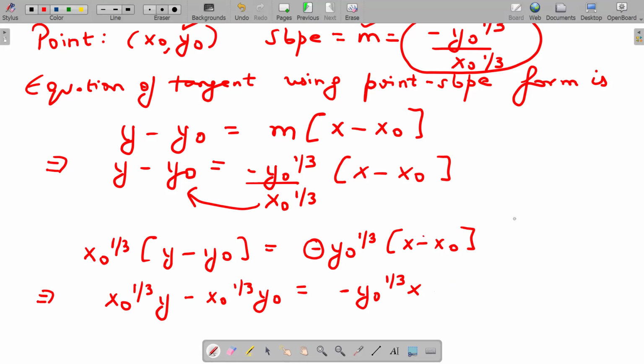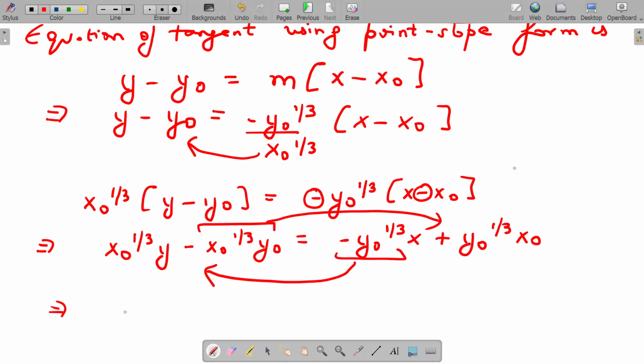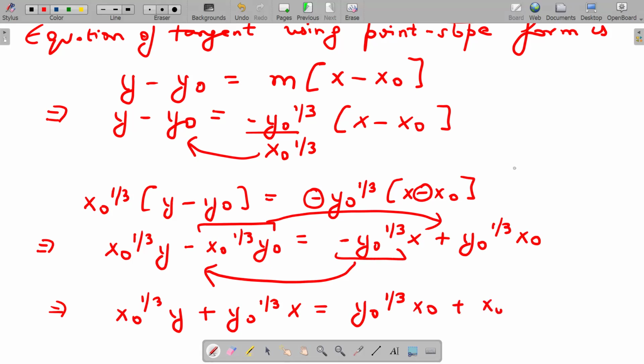And this minus will make it plus y0 to the power 1/3 x0. If I rearrange the terms, this is a negative term, I can take it here to make it positive. This is a negative term, I can take it here to make it positive. So if I rearrange, I get x0 to the 1/3 y plus y0 to the 1/3 x is equal to y0 to the 1/3 x0 plus x0 to the power 1/3 times y0.